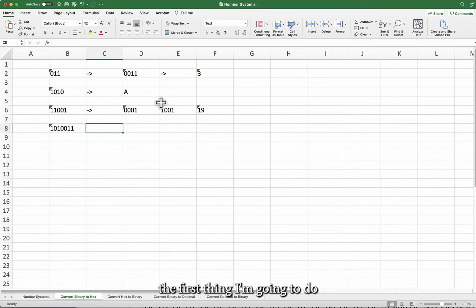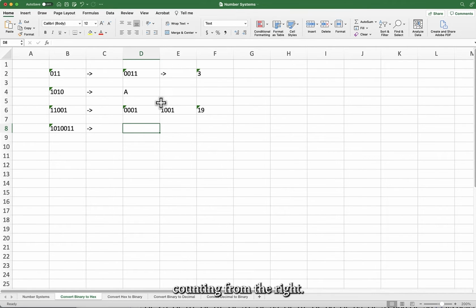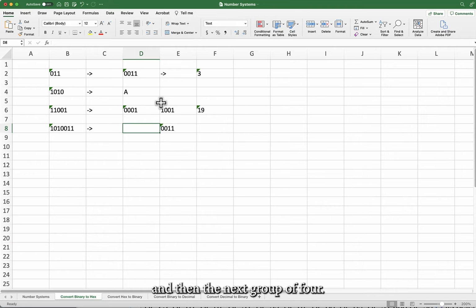Okay, so the first thing I'm going to do is break it into groups, counting from the right going to the left. I'm going to get 0, 0, 1, 1, and then the next group of 4, but there's only 3 bits, so I'm going to put 0, 1, 0, 1.